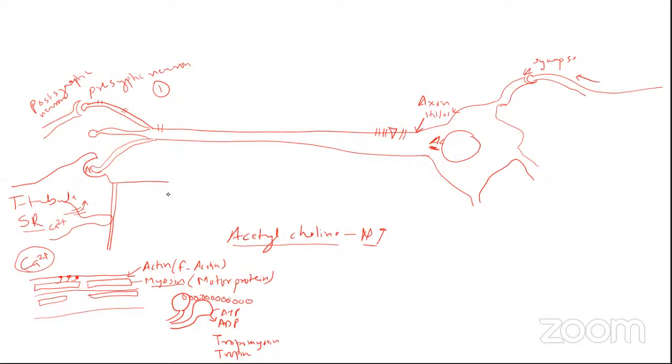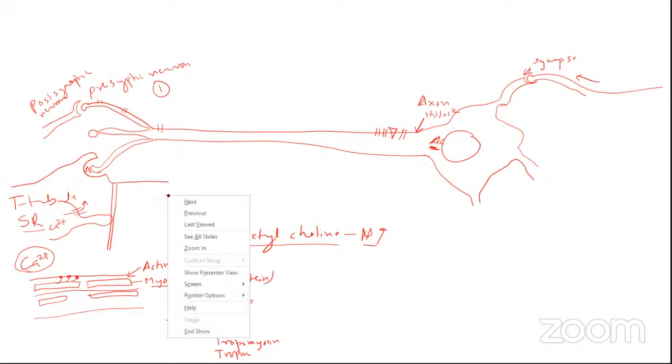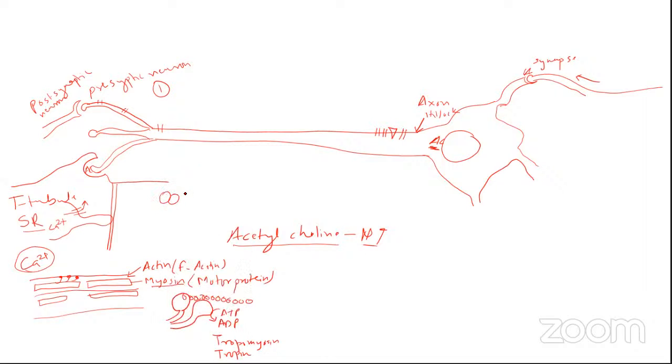Just imagine, for our understanding, if these are the actin residues, tropomyosin is oriented somewhat like this, and troponins are in very close association here somewhere.